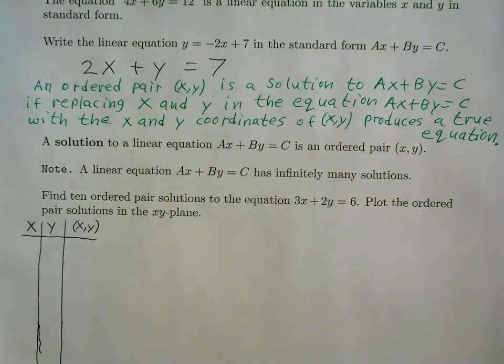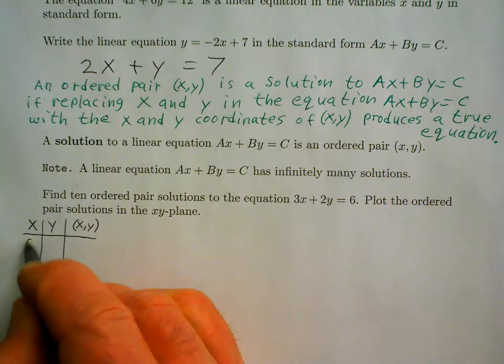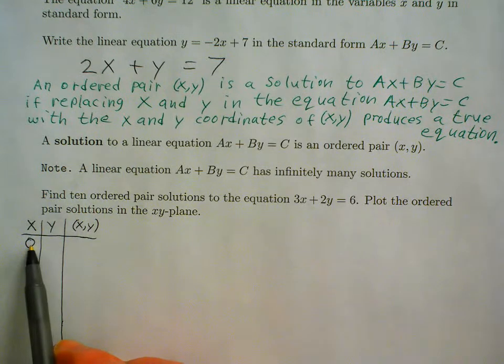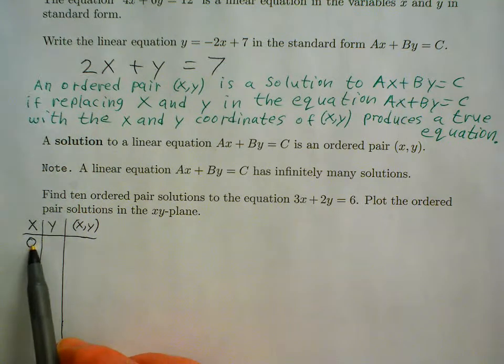So I'll start out easy. I'll start by picking x to be 0. I didn't have to pick 0, but I can, so I pick 0 for x.